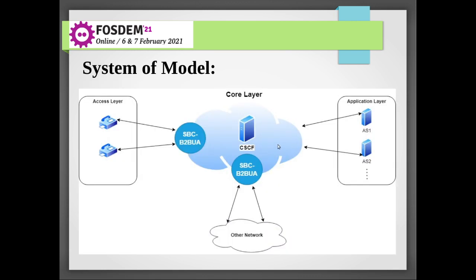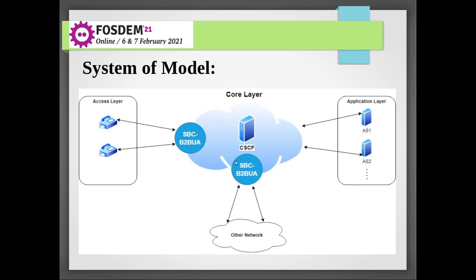Here is the system model that I want to talk about. On the left side, you could see the customer that uses your services. In the right picture, you could see your application service. At the bottom of the picture, you have your interconnection with other networks.